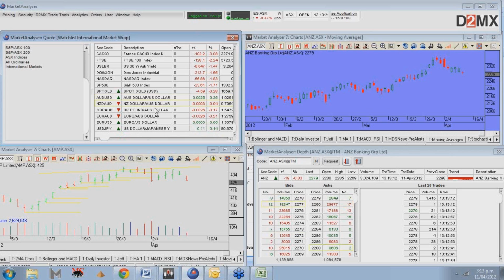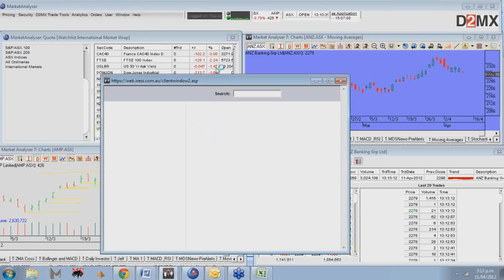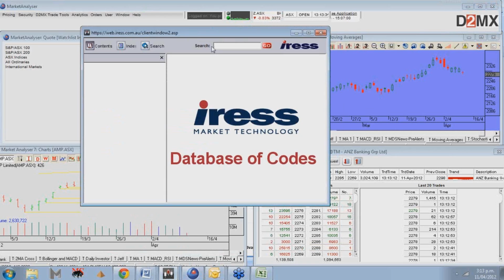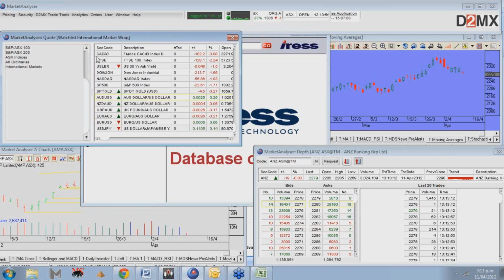Under your help section, there's a list of database codes. And the database codes, you can look up what are the codes for particular shares as well. So if we're looking for crude, I've got Udo, thanks for that, lcrude.id is one way to bring that up.